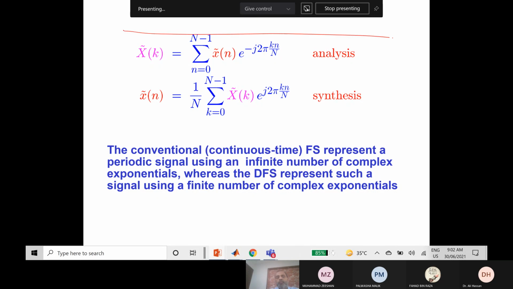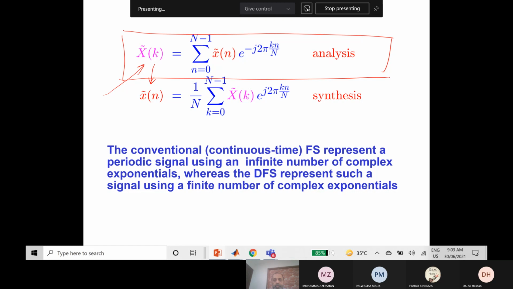This is the formula, also called the analysis formula, which tells you the contribution of each harmonic in making up that signal. In the animation that I just showed you, the radius of those little circles is the contribution of each harmonic in making up that signal.